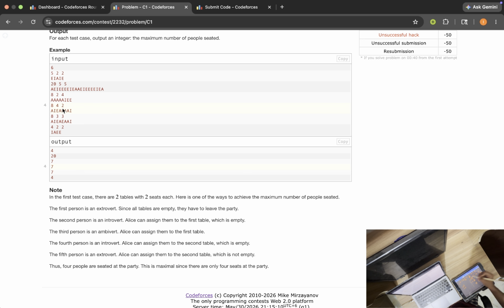Okay, if I got an extrovert and I want to take it, I'll decrease at least 1 ambivert and take an extrovert. That should work.